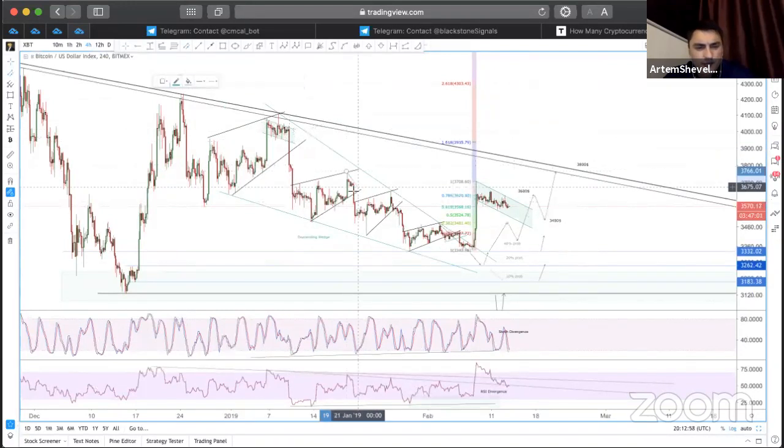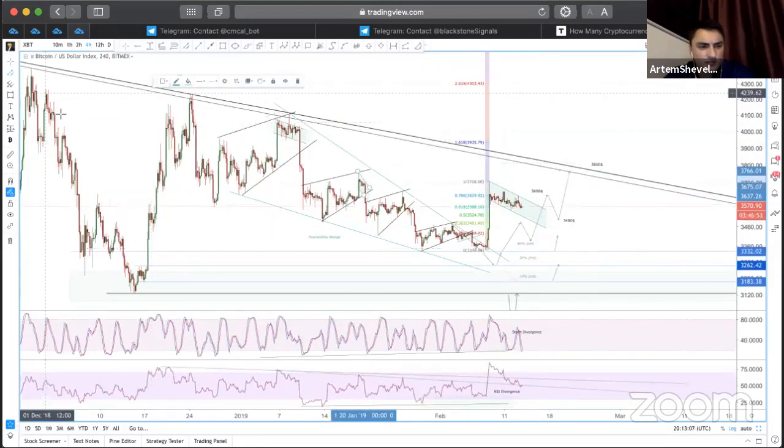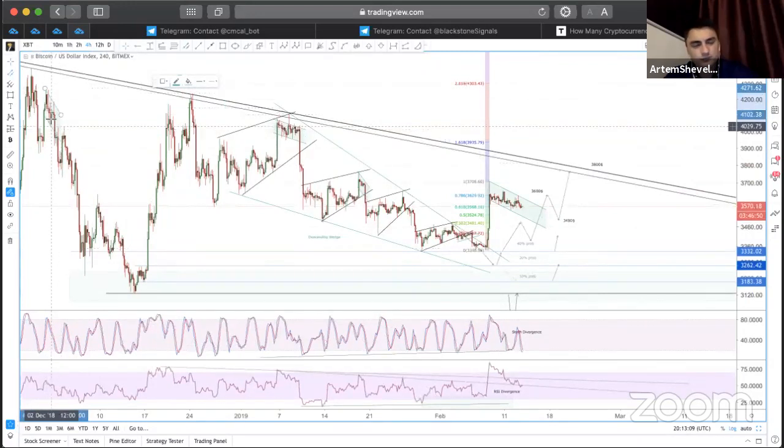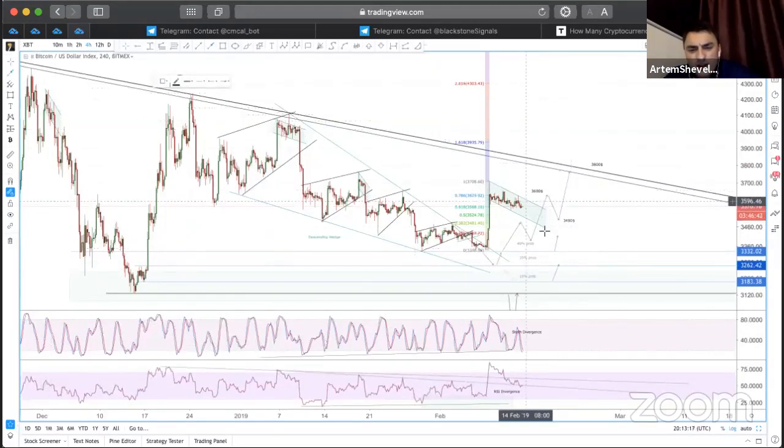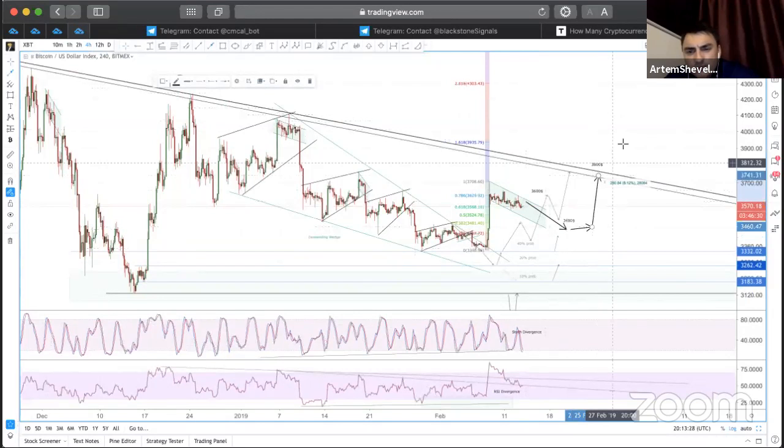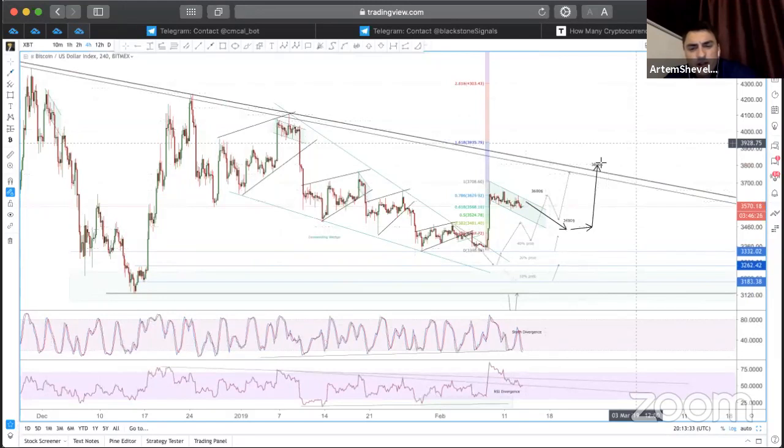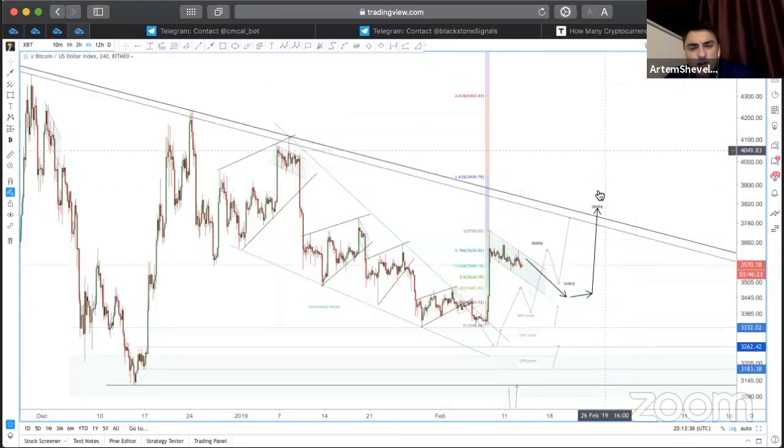We had a lot of similar price action, similar flags on Bitcoin in the past. They were fake. And this is probably fake too. It's going like 3,480, something like this, a 3,480 flat pump. So 3,800 is the next target for Bitcoin, as I see.